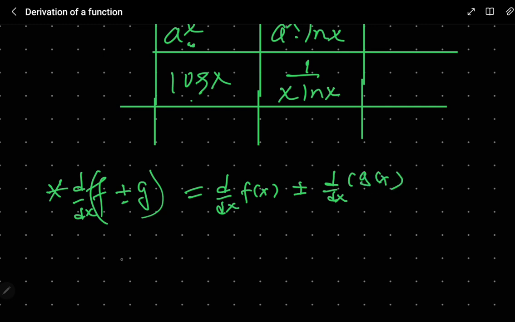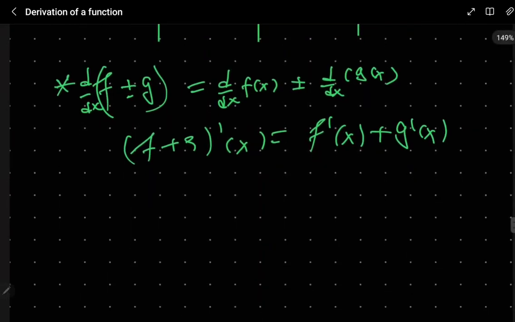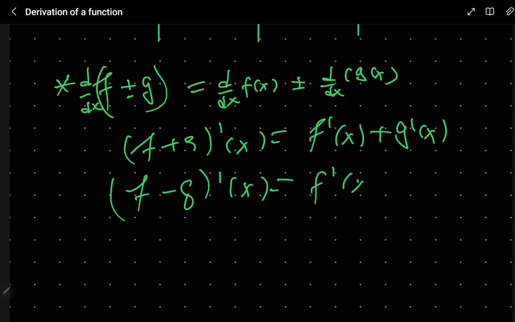Or f plus g derivative of x is equal to f derivative of x plus g derivative of x. That is the sum rule. And f minus g derivative of x is equal to f derivative of x minus g derivative of x.